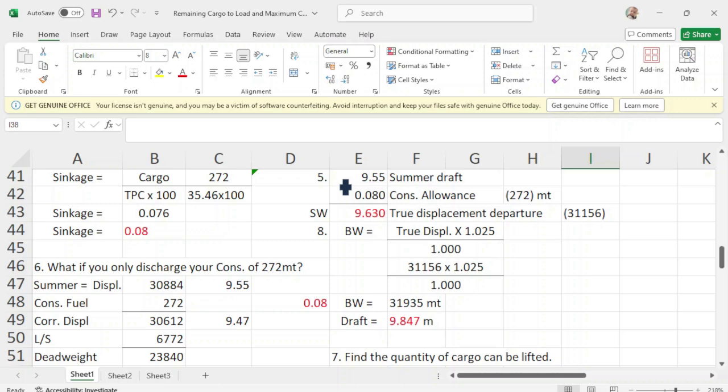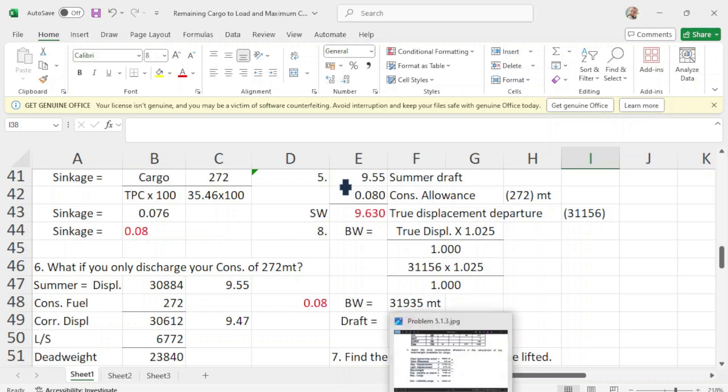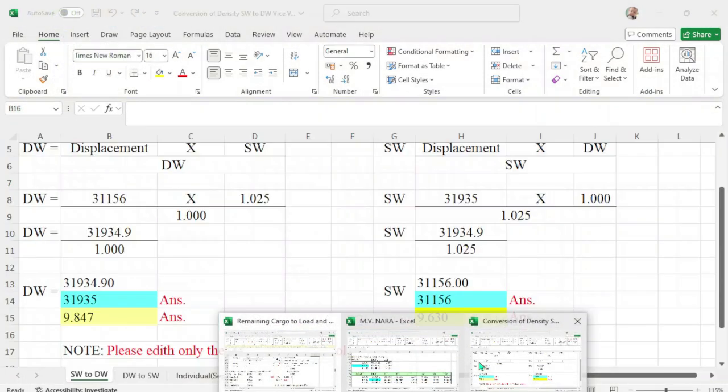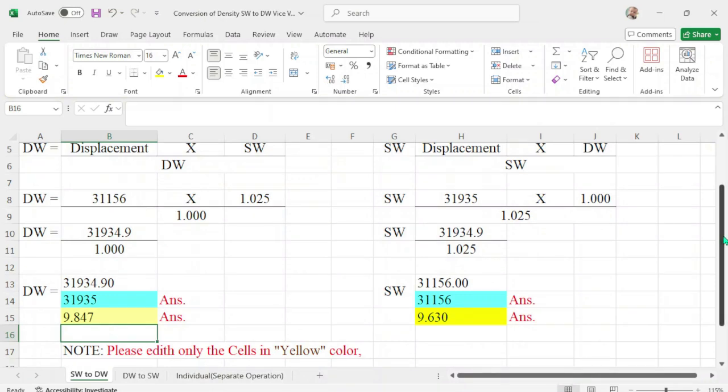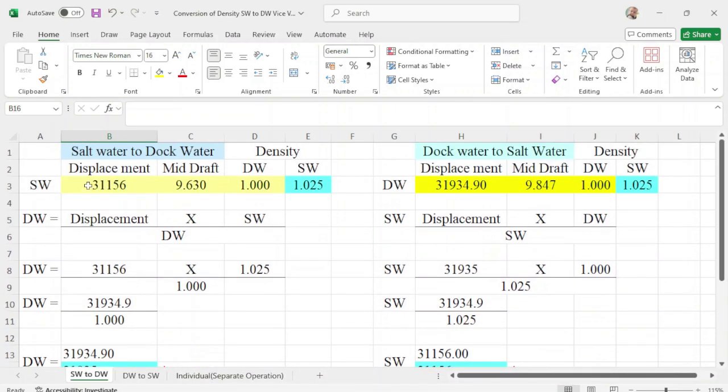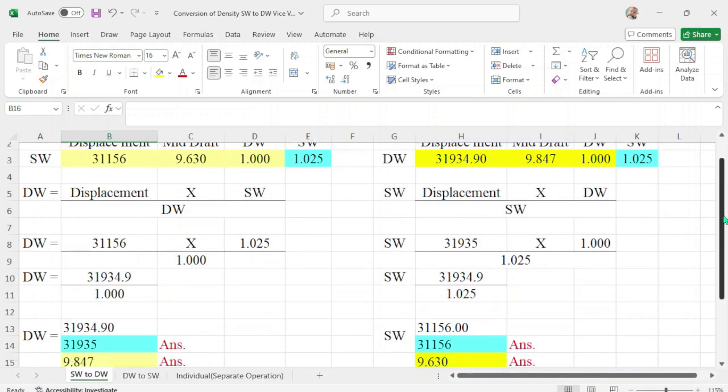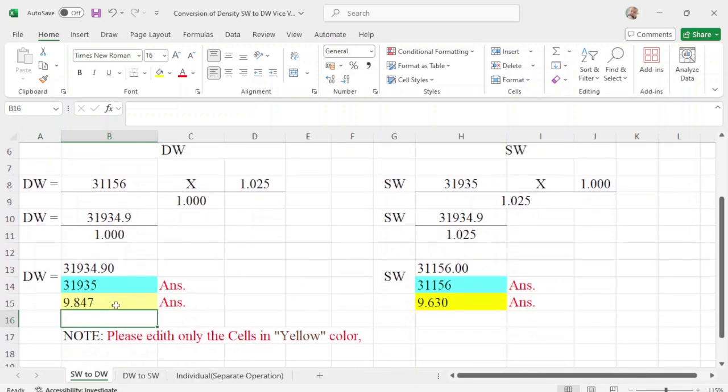Okay, now take note, guys. So from salt water to dock water, with your drop of 9.63 and your displacement of 31156, your dock water displacement is 31935 and your drop is 9.85.